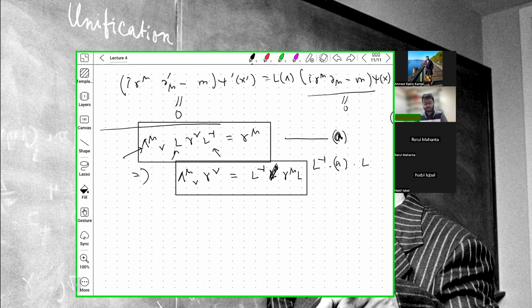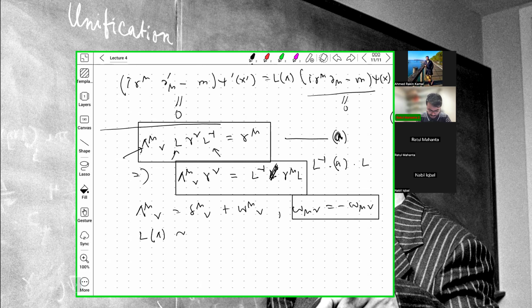Okay, so we can do further. We can take infinitesimal transformations, which are these. And we know that omega mu nu is minus omega nu mu. These parameters should follow these relations. This is the property of Lorentz transformations. And L of lambda, we can expand around 0. So this is an infinitesimal version, omega around 0.